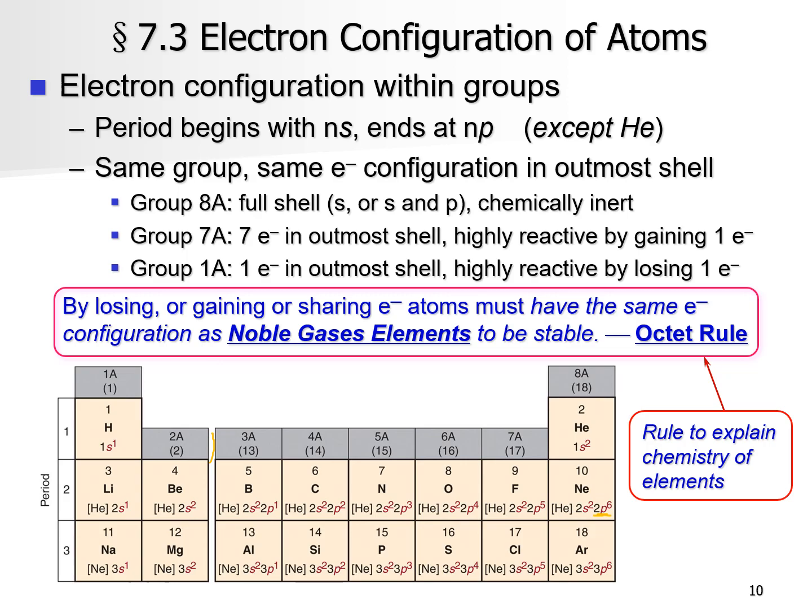And I just want you to understand, for general chemistry, the octet rule is the rule to explain the chemistry of the elements, especially for main group elements. Unless you're a chemistry major, you won't have much of a chance to encounter those transition metals with their chemical reactivity. So the octet rule is the rule to explain the chemistry of the elements in general chemistry as well as organic chemistry.